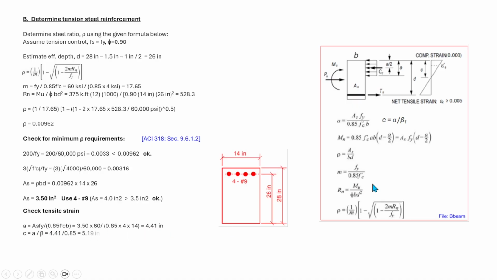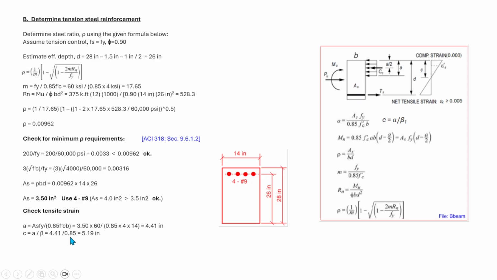Since we have already calculated the value of a, we can now determine the value of c, which is equal to a over beta, and that is equal to 4.41 over 0.85. Our beta here is 0.85 because the strength of concrete is 4,000 psi.